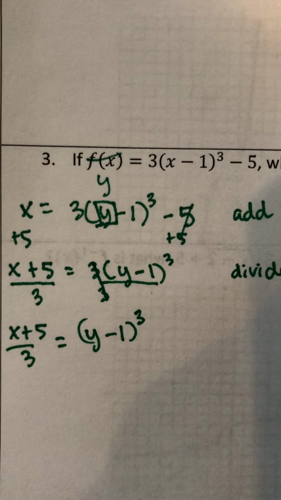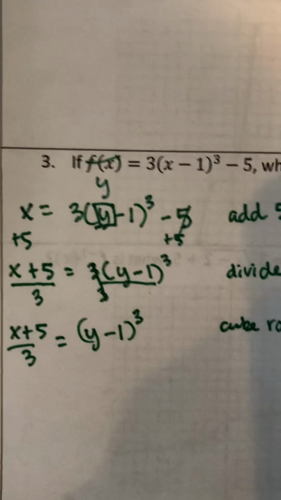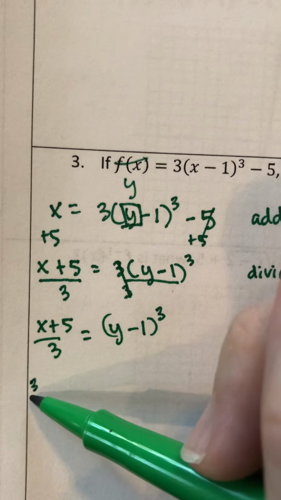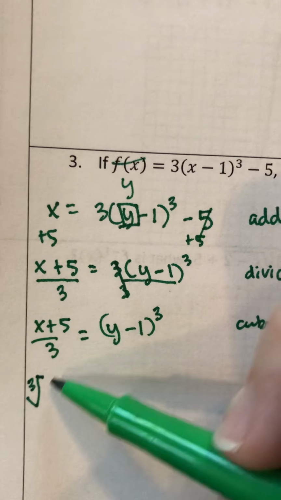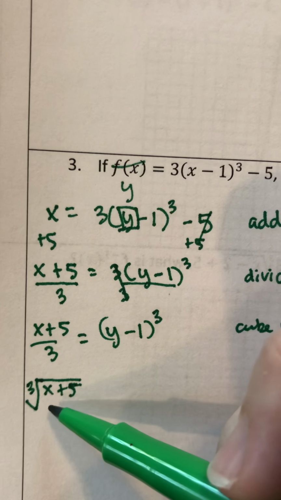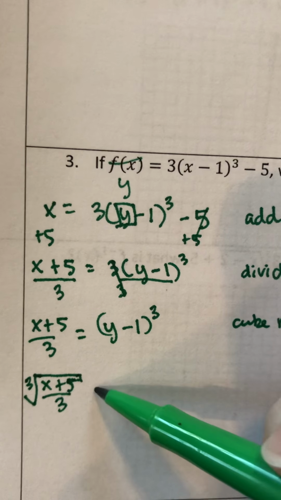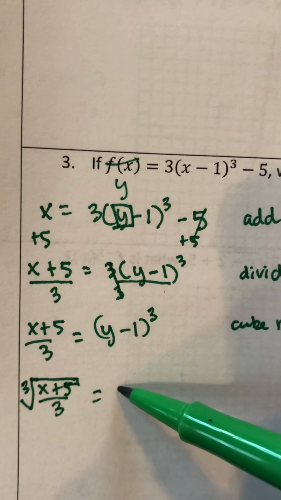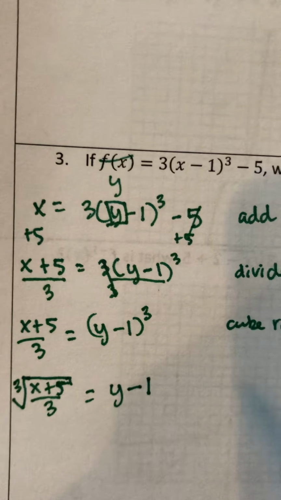Now we can undo the cube by taking the cube root of each side. So I'm just going to go ahead and write what that looks like. That's going to be the cube root of all this big old fraction here. Cube root of (x plus 5) divided by 3 equals, the cube root of a cube is going to cancel out. So this will just be left with y minus 1.